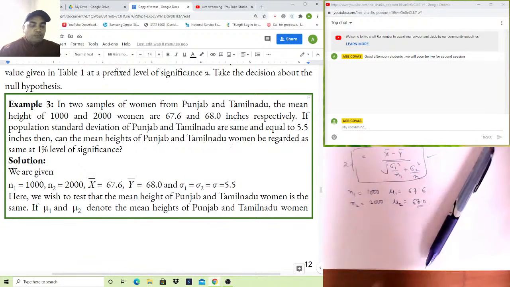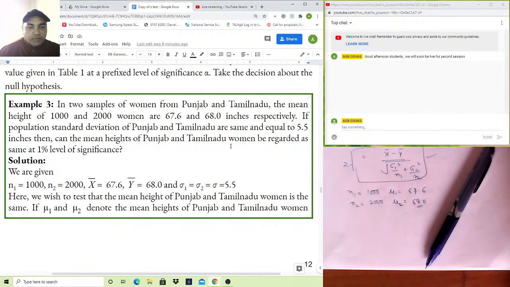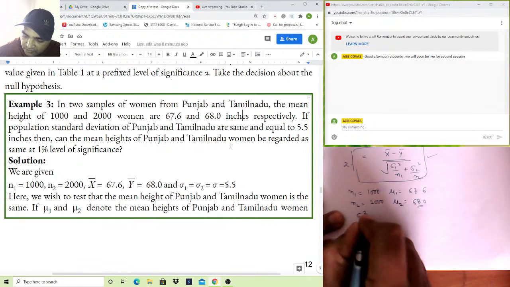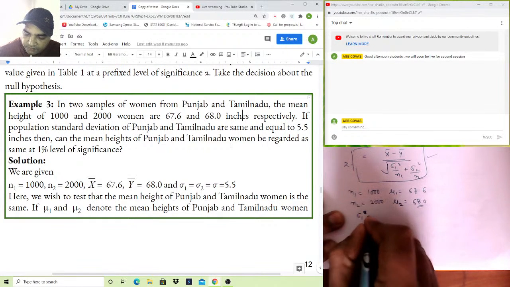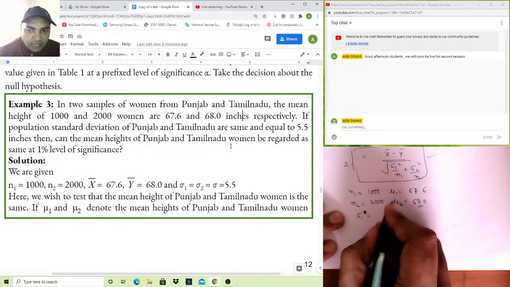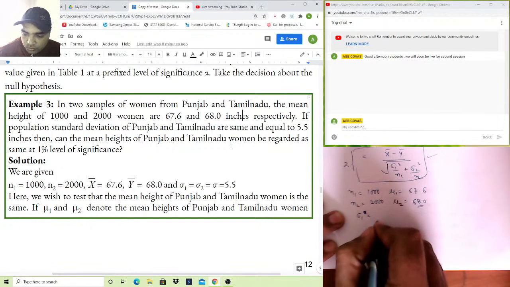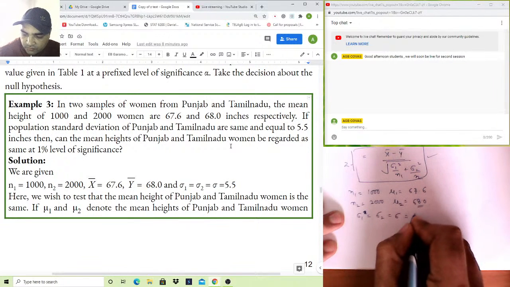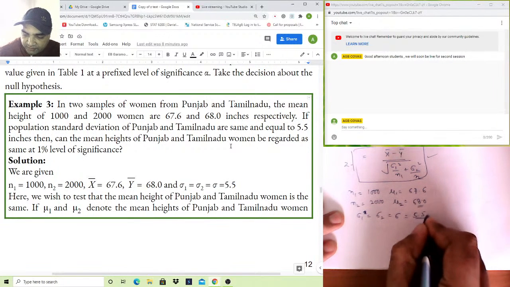Okay. So if the population standard deviation for Punjab and Tamil Nadu is this, it means your sigma 1 is equal to sigma 2 is equal to sigma is equal to 5.5 standard deviation.